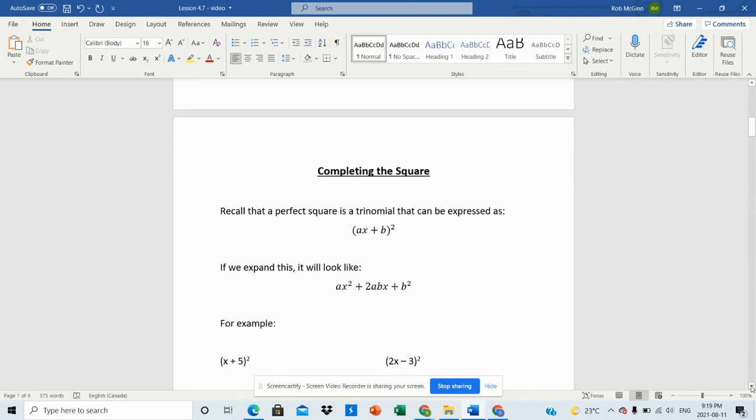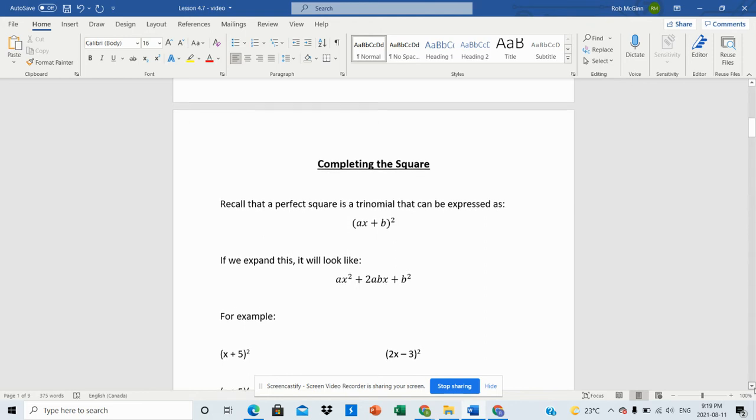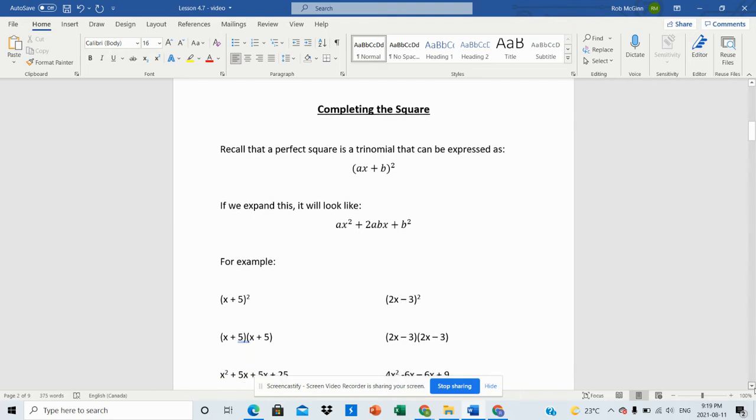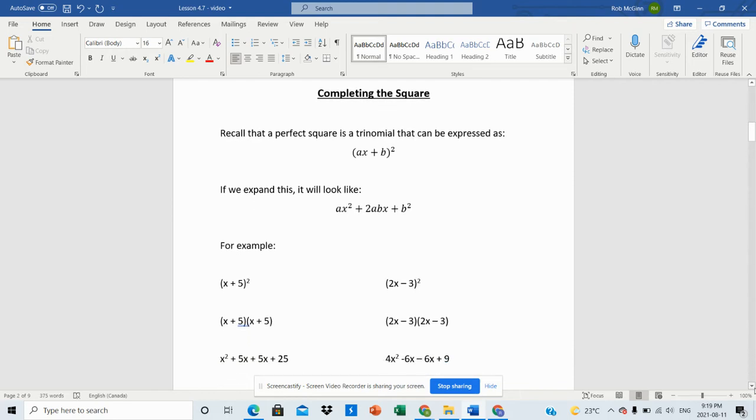So let's see an example of expanding here. We're just going to expand these two perfect square binomials. I'm going to start with (x + 5) squared. So (x + 5) squared, if we want to expand that, that's (x + 5) times (x + 5). So we'll use FOIL here.